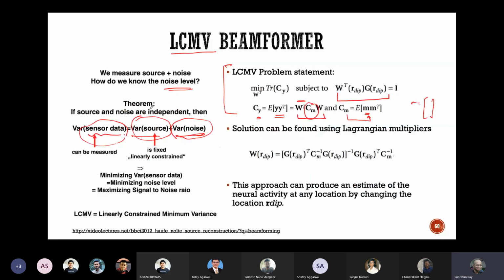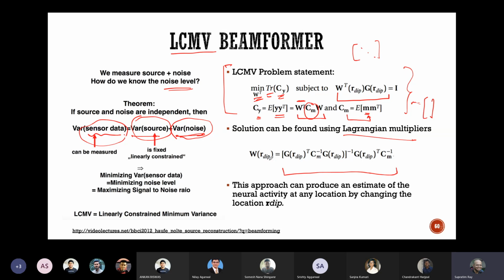And then you try to minimize the trace of this. The trace is just the sum of these diagonal entries, which is the total variance of this. So you are trying to find a W vector which minimizes the trace subject to this condition, where Cy is given by this. And if you have this problem statement, you can use Lagrangian multipliers to get a solution which looks like this.